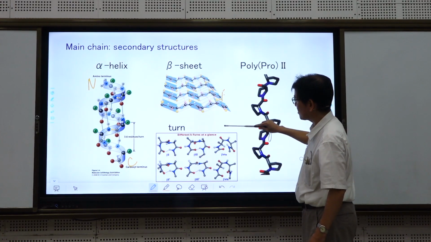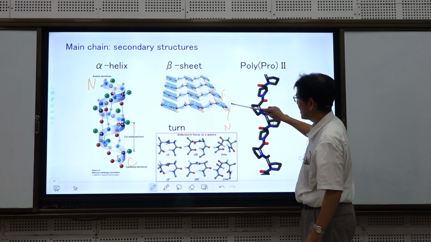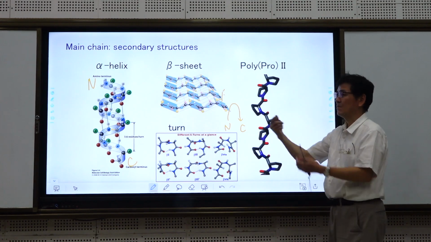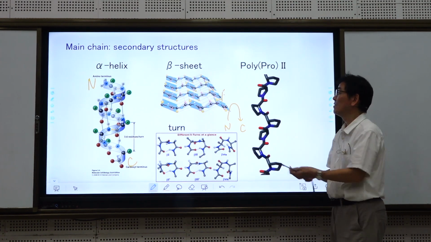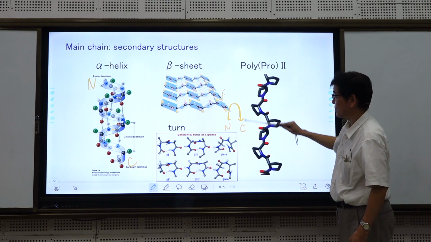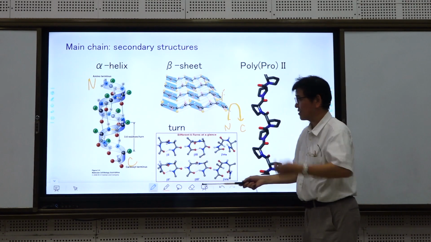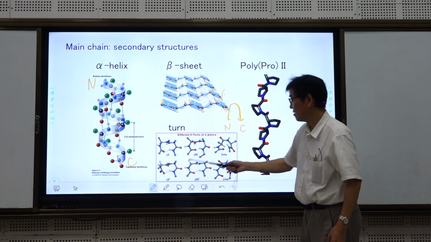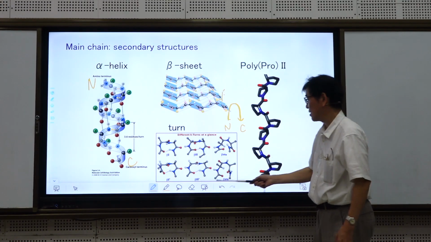Sometimes the direction of the peptide main chain turns to this, forming the turn structure. There are various turn structures, beta 1, beta 2, beta 6a, beta 1 prime, beta 2 prime.